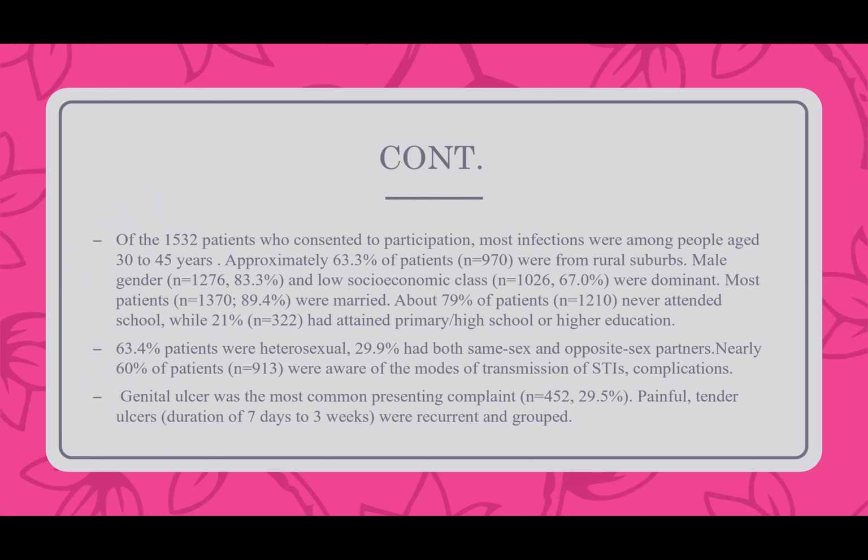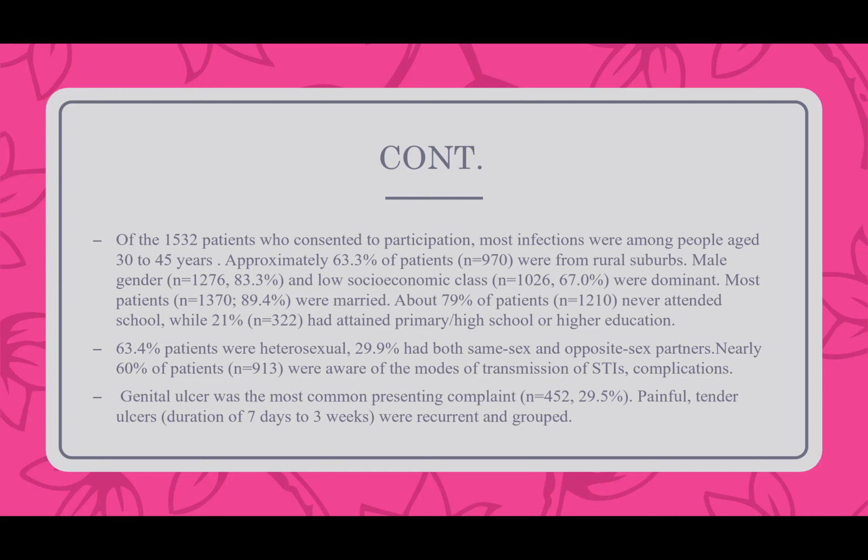Most infections were among the age group 30 to 45 years. Approximately 63.3% of the patients were from rural suburbs, 83.3% were male, and 67% were of low socioeconomic status. Most patients, 89.4%, were married, and about 79% never attended school.